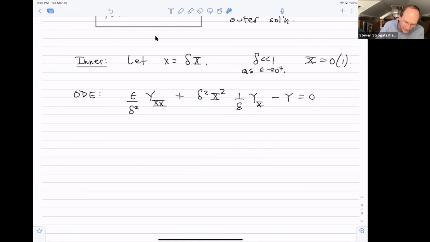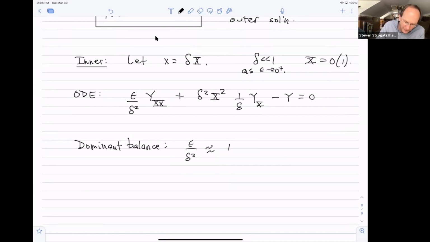What you'll find is that the consistent and non-trivial balance is going to be when epsilon over delta squared balances a 1.